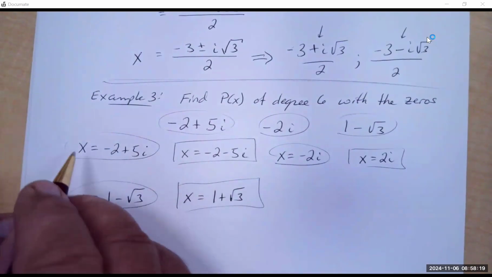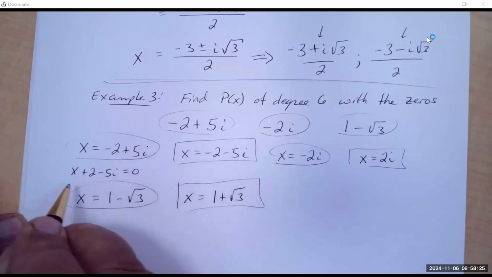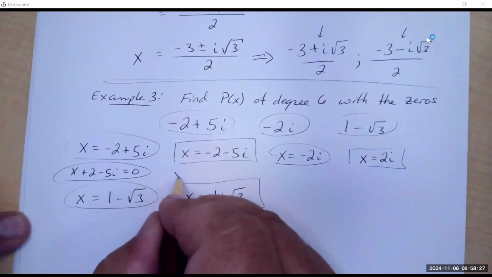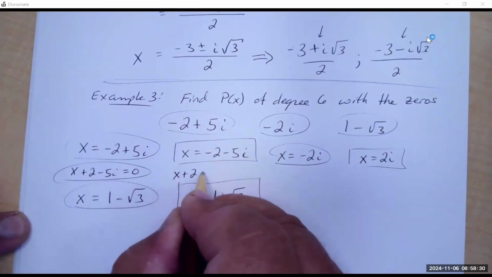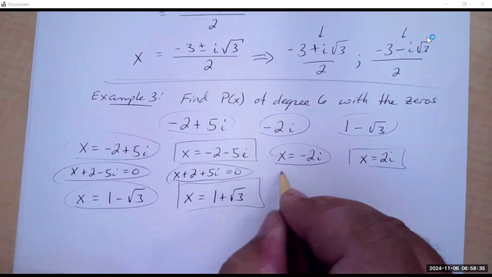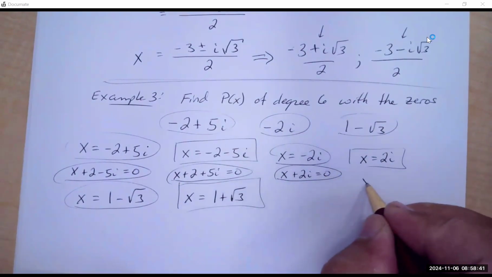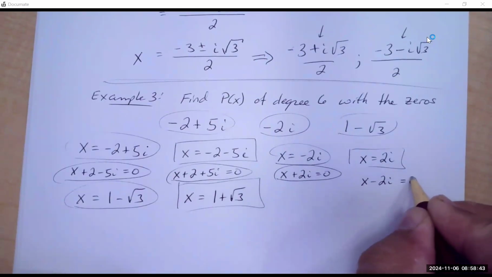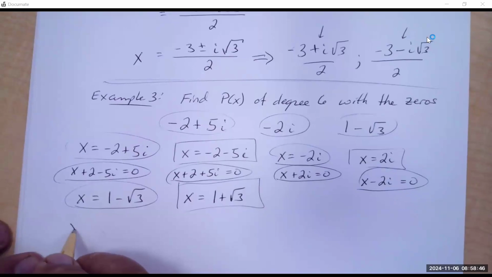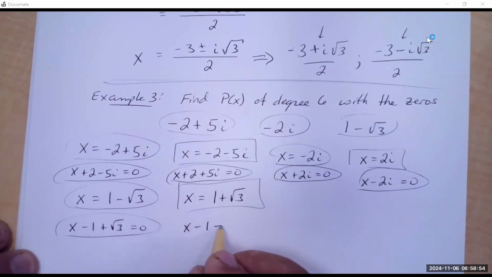So this one would be x plus 2 minus 5i equals 0. X plus 2 plus 5i equals 0. That's the second equation. X plus 2i equals 0. X minus 2i equals 0. X minus 1 plus radical 3 equals 0. X minus 1 minus radical 3 equals 0.